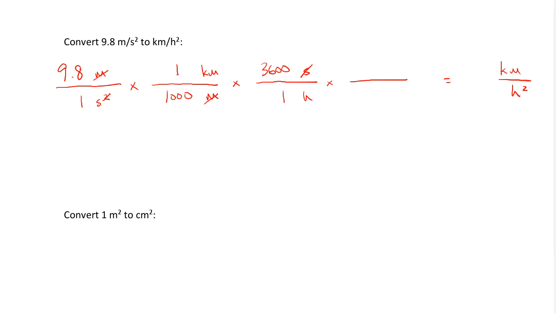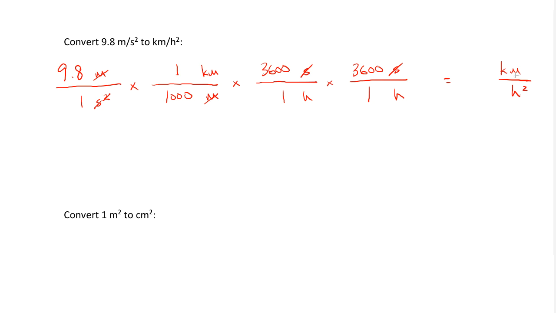So we're going to multiply by exactly the same thing again, because there are 3,600 seconds in 1 hour. We worked that out in the previous problem. Now, seconds cancels with seconds, and I'm going to end up with hours squared in the denominator.